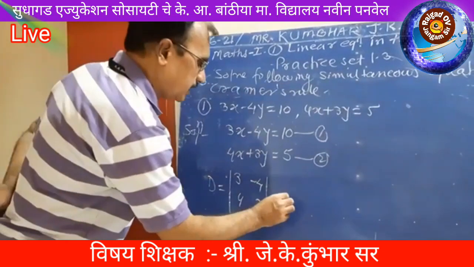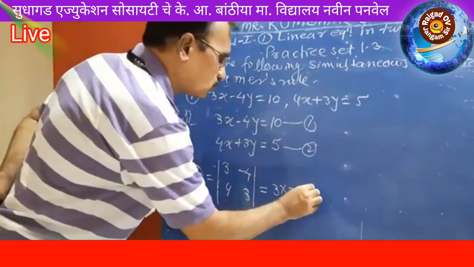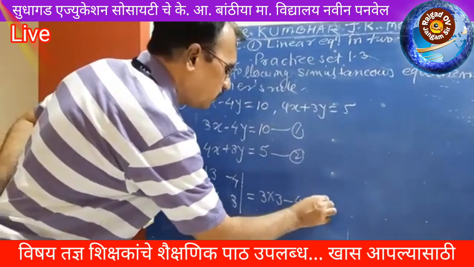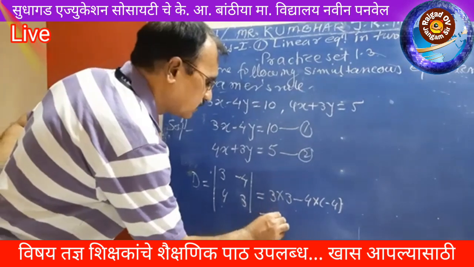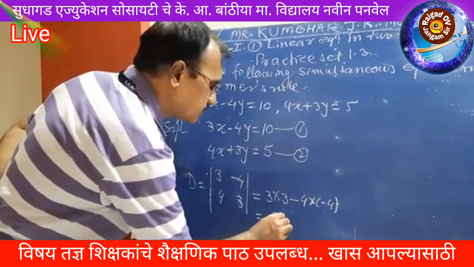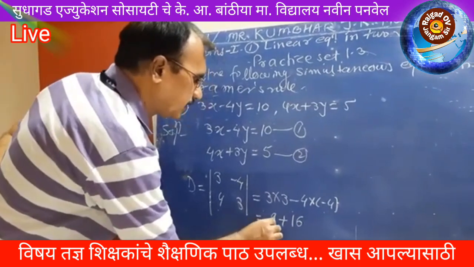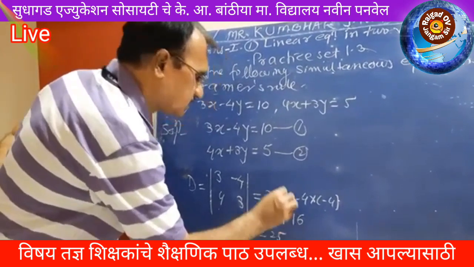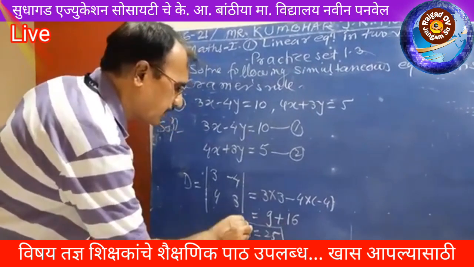Three into 3 minus 4 into minus 4 is equal to 3 threes are 9, minus minus becomes plus 16, and 9 plus 16 is 25, the value of the first determinant.